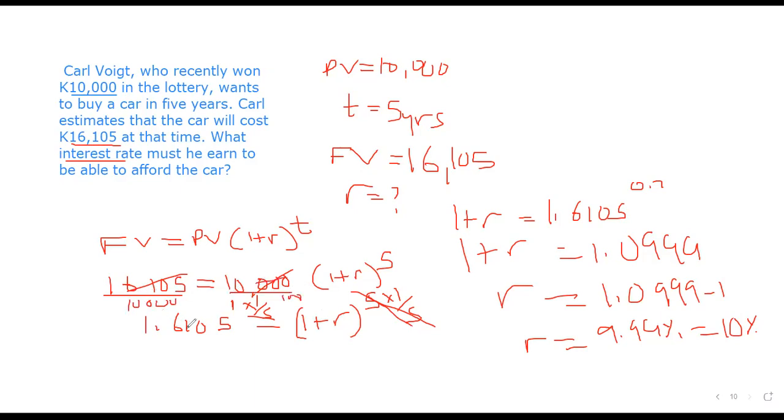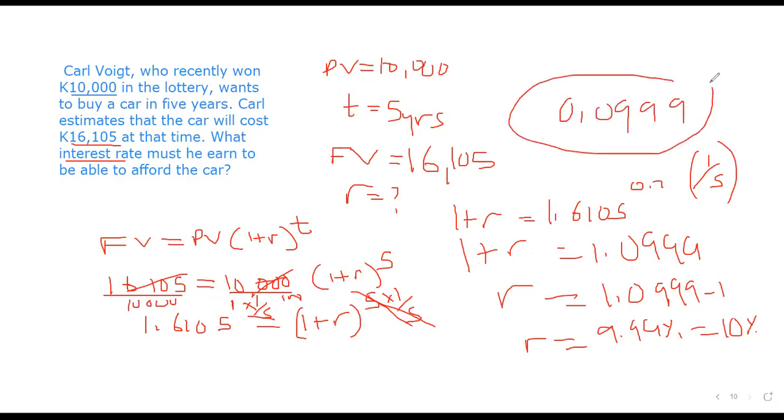So here we had 1.6105, to the power 1 over 5. There's an invisible one there. 1 over 5 is the same as 0.2, so you can even just put 1.6105 to the power 1 over 5. It's the same thing. You're going to get 1.0999. When we subtract 1, we get R equal to 0.0999. Since it's an interest rate, we multiply by 100 to get 9.99%.